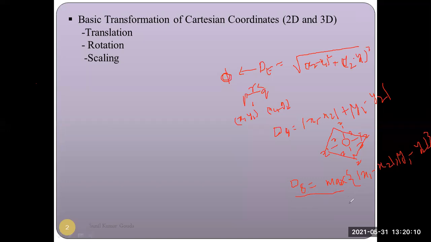And what is the shape? The shape will be a square. Suppose this is distance 0, then 1 on all eight neighbors. Now the distance 2 ring will be 2 all around. So the shape will be a square shape.